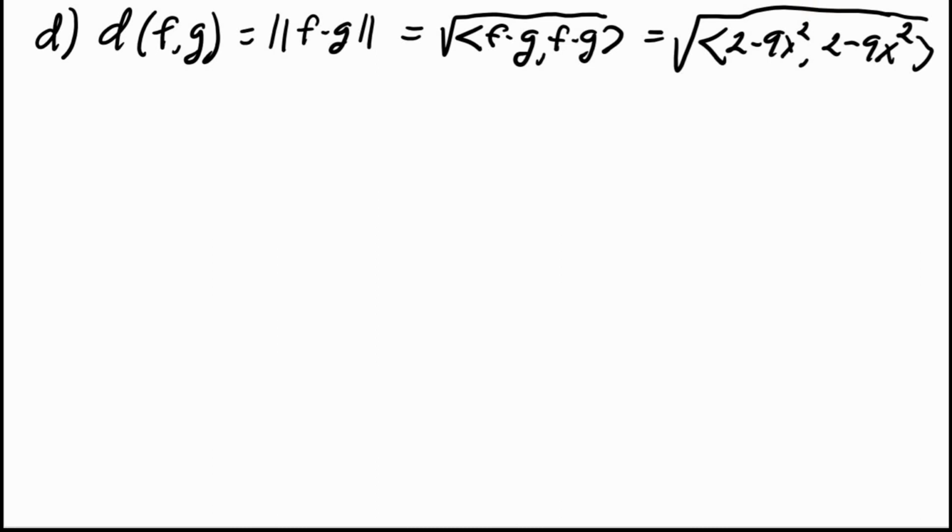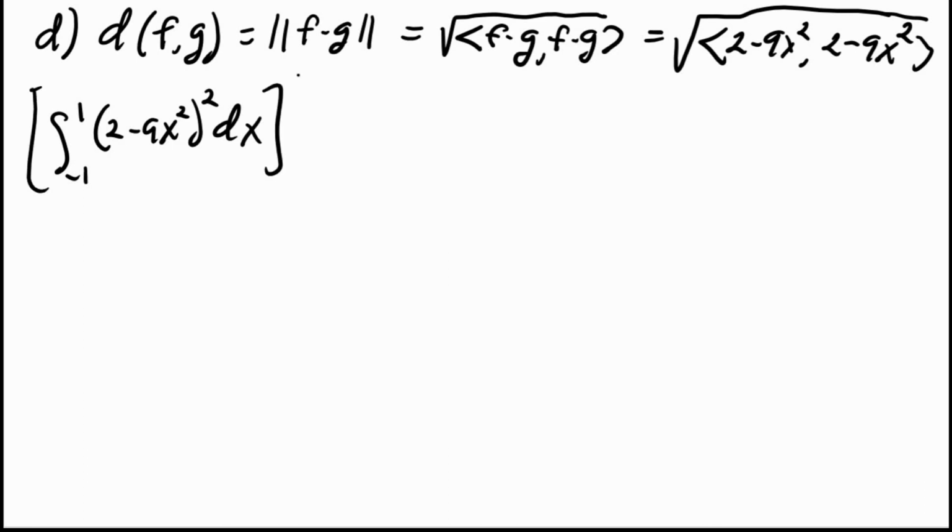Okay, so what does that look like? That looks like the integral from -1 to 1 of (2 minus 9x squared) times (2 minus 9x squared), which is just squared, dx, and that's all the square root.